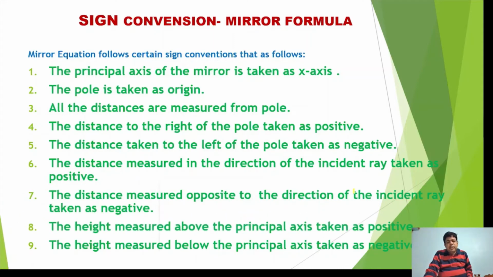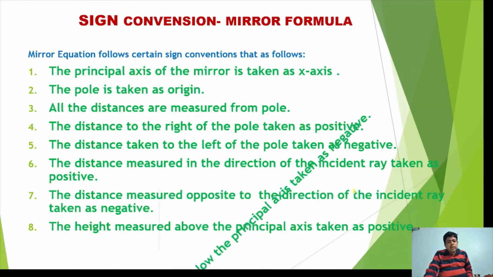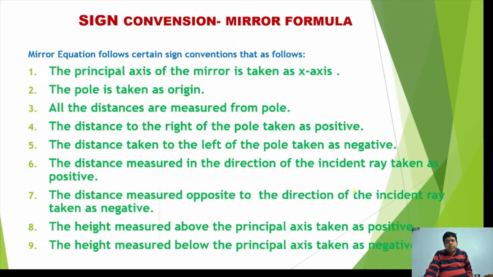The height measured above the principal axis is taken as positive, and the height measured below the principal axis is taken as negative. This is a short description of the sign convention. These are very important points, and you have to apply them while solving problems based on reflection of light using the mirror formula. The sign convention is the most important thing.